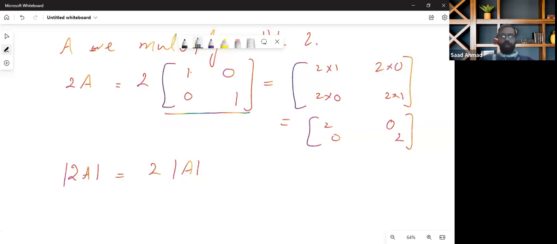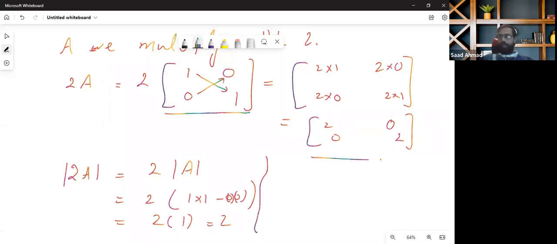What is the determinant of A quickly? It is 1 times 1 minus 0 times 0, which is 1, so 2 times 1, which is just 2, right? Now let's redo the determinant of this 2A. That will be 2 times, oh wait.